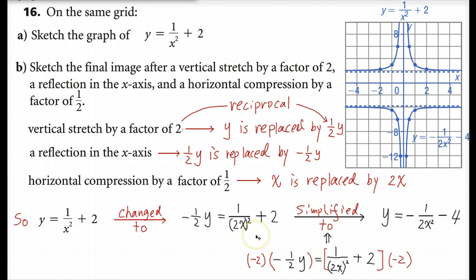So it is a new function, but somehow related to the original. Of course, we can simplify this by multiplying negative 2 on both sides of the equation, and of course you need to square this, it becomes 4x squared, and then you multiply negative 2 on the right side. Eventually you should get this. So that's going to be the new function.